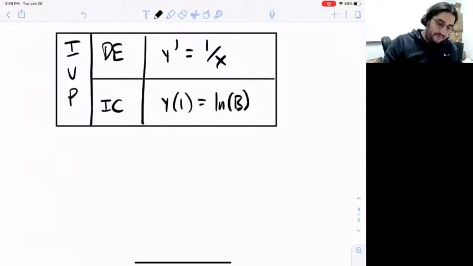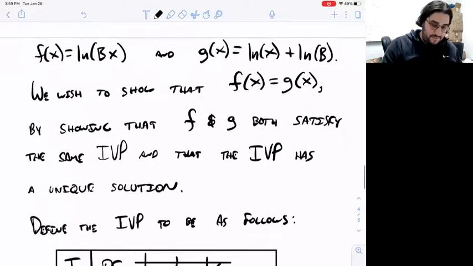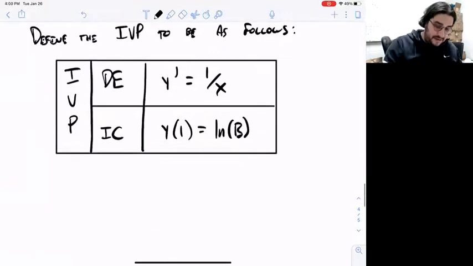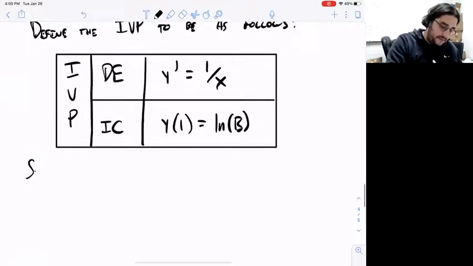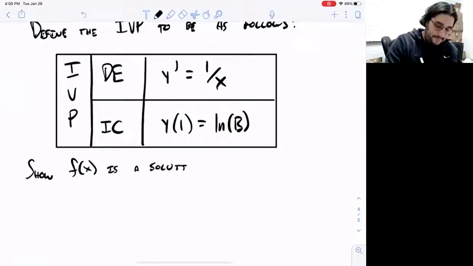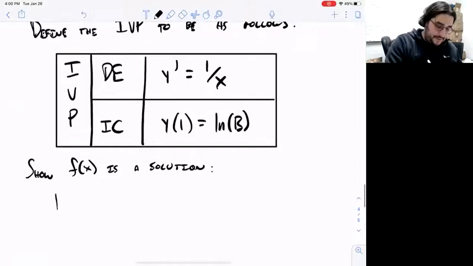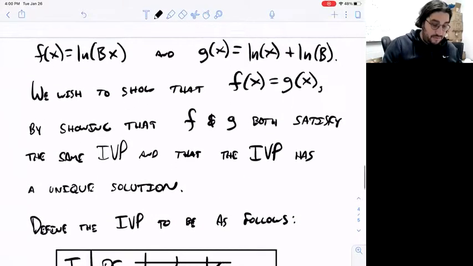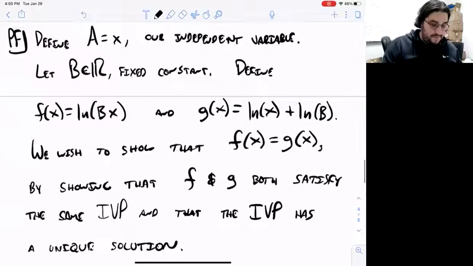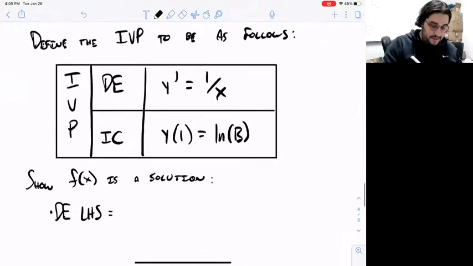Now, what I want to do next is verify carefully that f is a solution, right? So let's check the differential equation. Well, the differential equation, left-hand side, is y prime, right? So I'm going to take f prime.